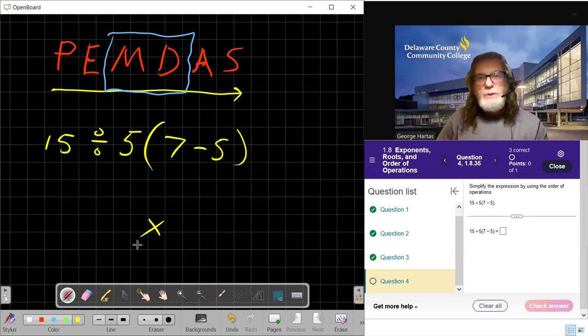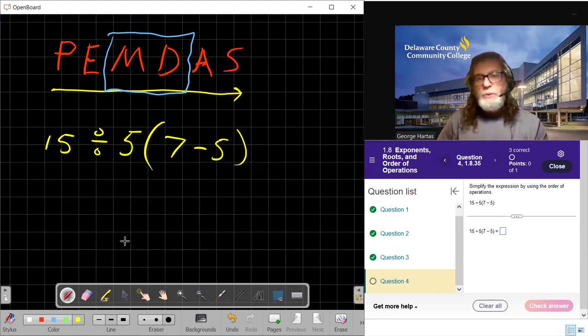The times, the multiplication dot, or the parenthesis. And here we have a parenthesis. So this 5 is multiplying with all this inside. So this is multiplication here, right? This is multiplication because multiplication is shown in 3 different ways.